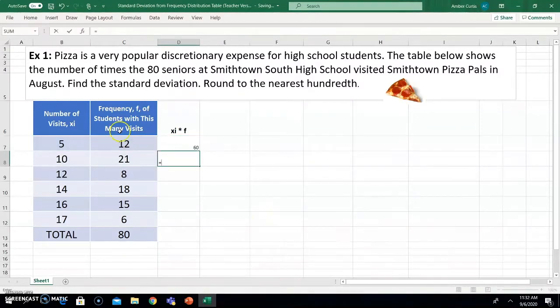And we're going to do the same for the second row and the third row. And all I'm doing, as you can see, is just multiplying the 2 cells. And remember, when we type in formulas, we have to put equals first. And each of these is going to tell us how many unique visits occurred.